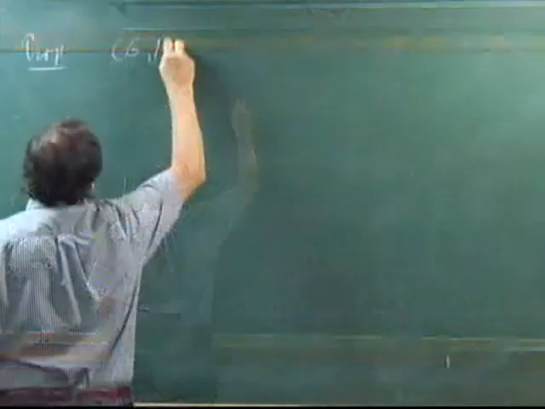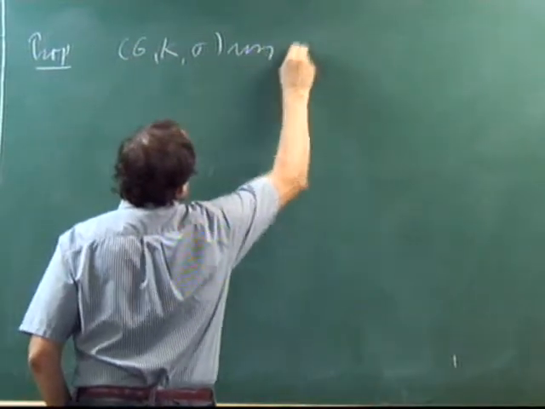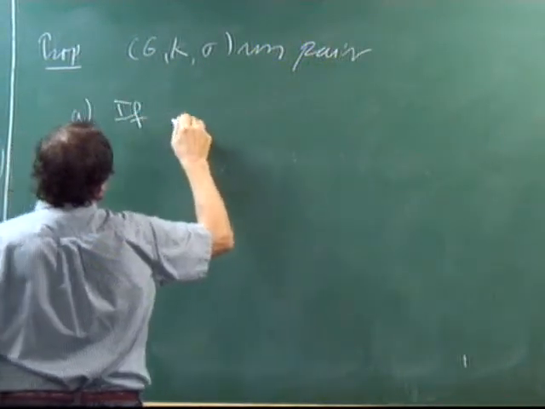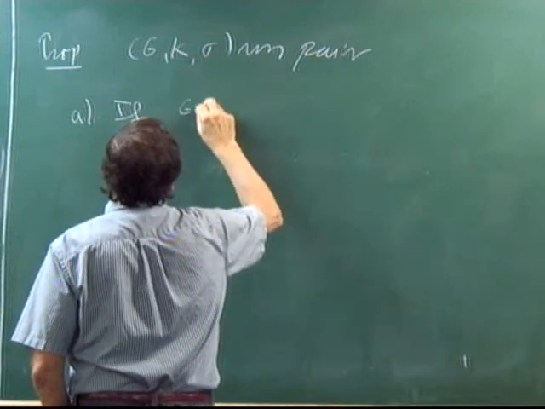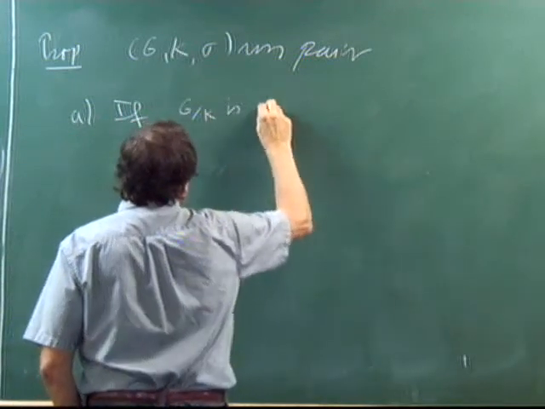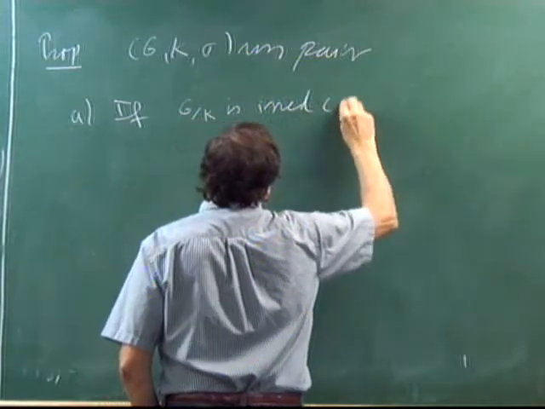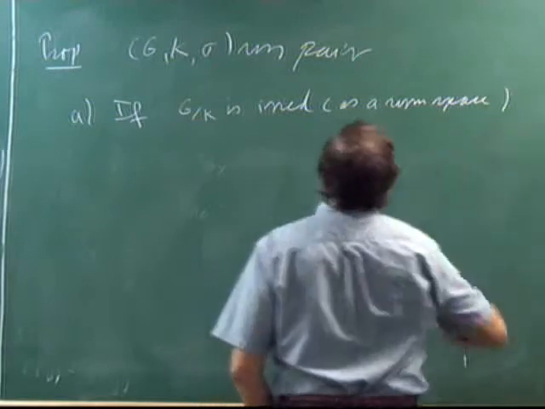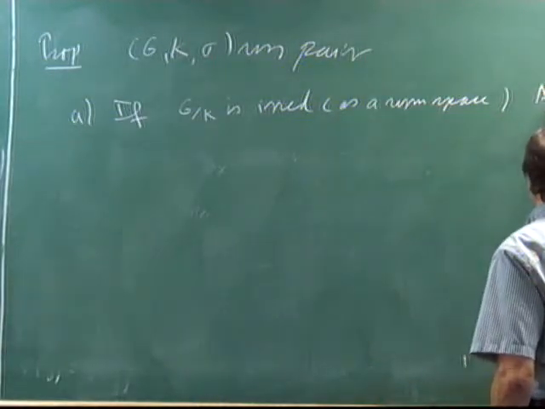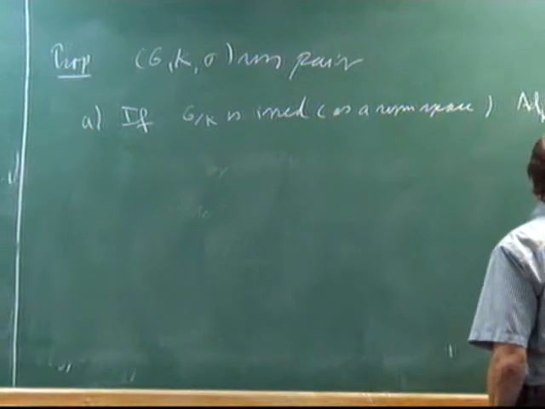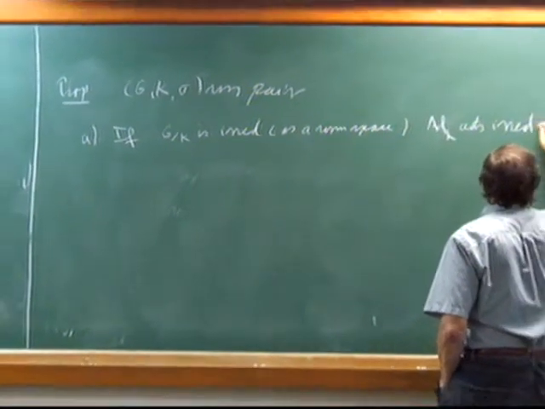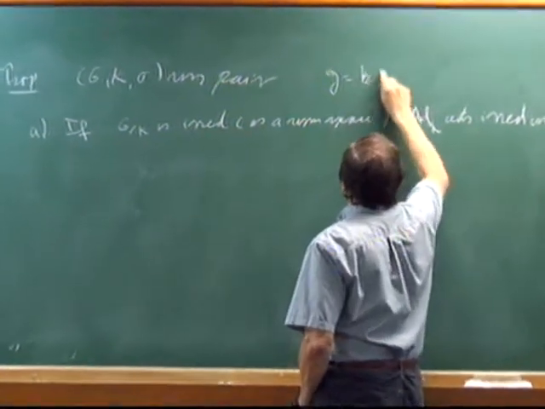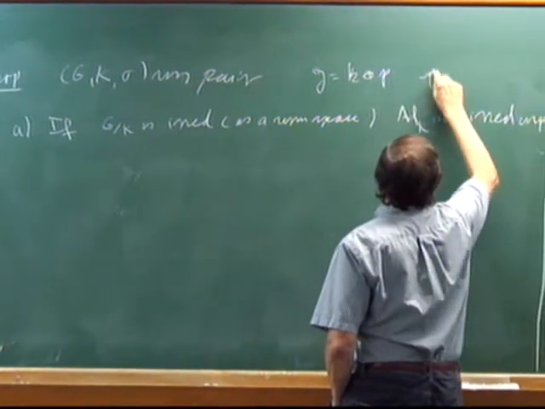Same setup. Part A. If G mod K is irreducible as a symmetric space, remember that meant that Ad K acts irreducibly on P. Here, Cartan decomposition, P was identified with the tangent space.